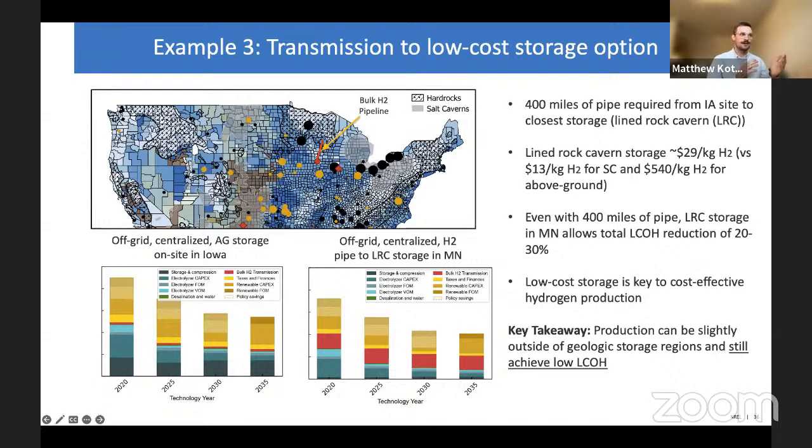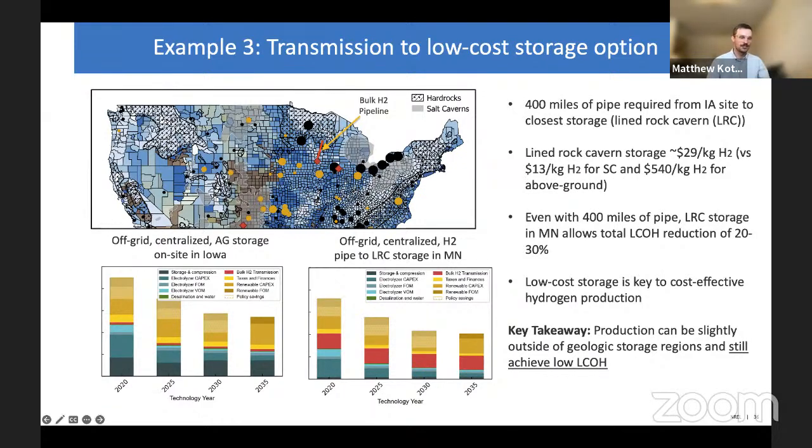And this kind of is interesting to see how this kind of plays in with offshore wind to H2 systems as well. But as you can see, yes, the lined rock cavern storage is about $29 per kilogram of hydrogen compared to other options, whether that's in South Carolina or above ground. As you can see, there is about $540 per kilogram of hydrogen.